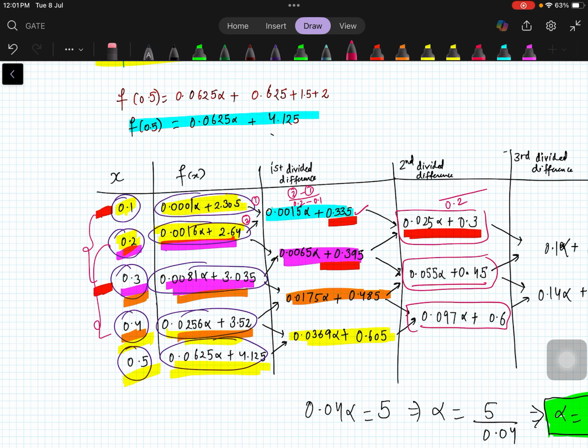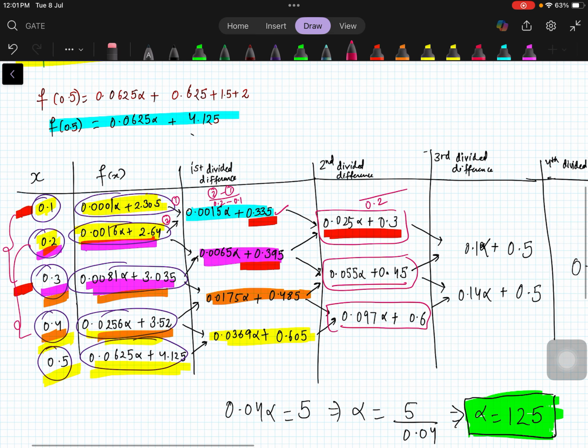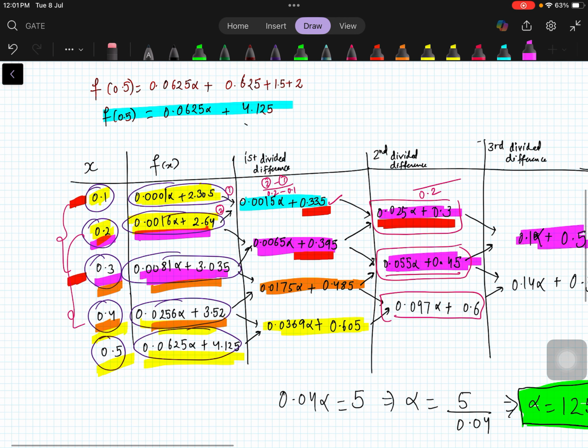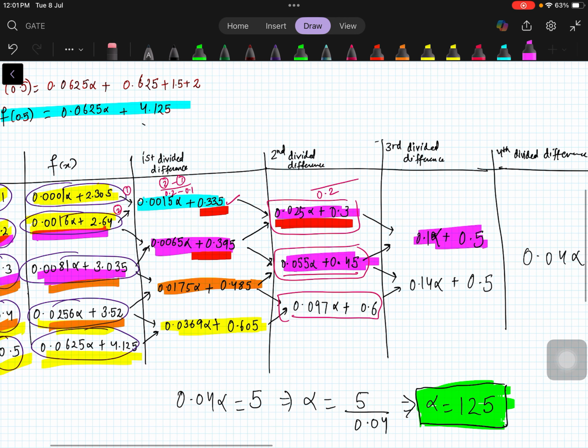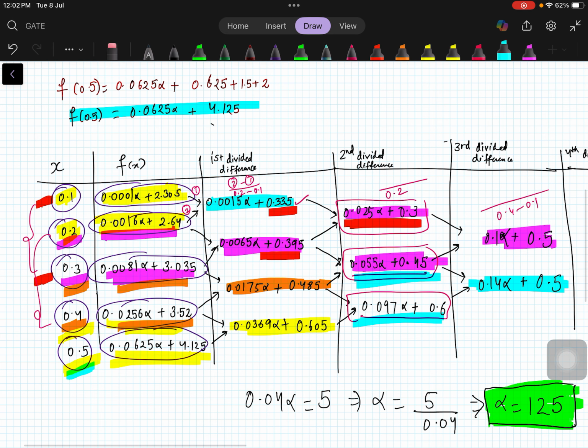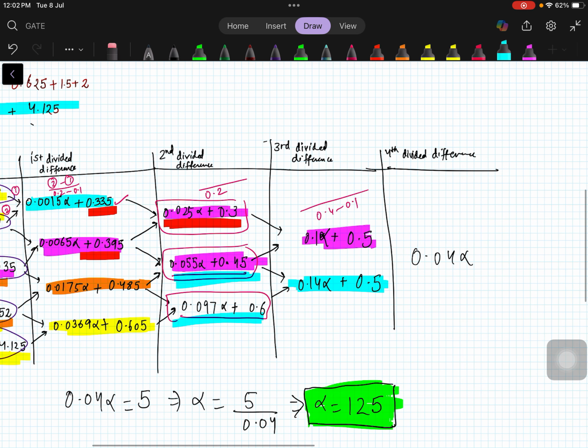So these are your second order divided differences. Now for the third order, for example, this quantity here is this minus this divided by 0.4 minus 0.1, so you will divide by 0.3. Similarly, this quantity here is this minus this divided by 0.5 minus 0.2, again 0.3.